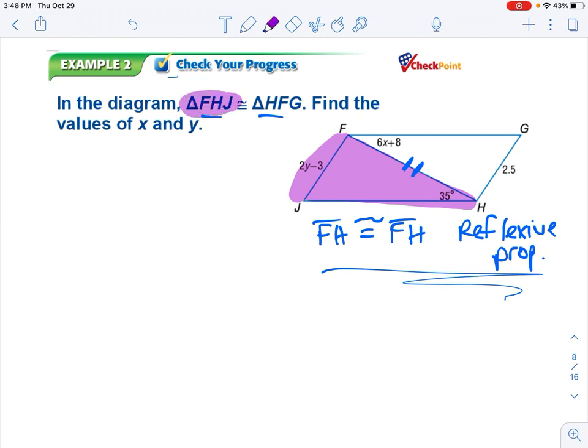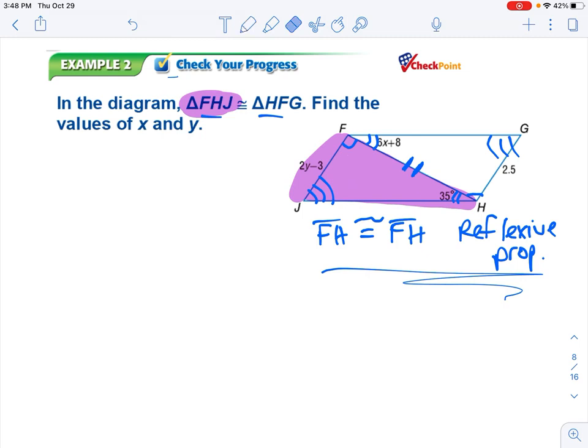I highlight the triangle that it corresponds to, FHJ, and then I go ahead and draw in my hash marks. So I started with 1 on F, 2 on H, 3 on J. Do the same thing on my unmarked triangle. So H has 1, F has 2, G has 3.